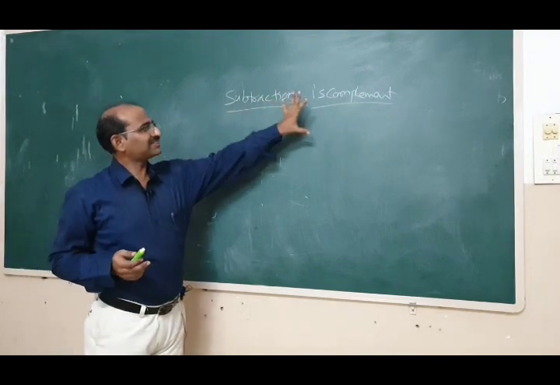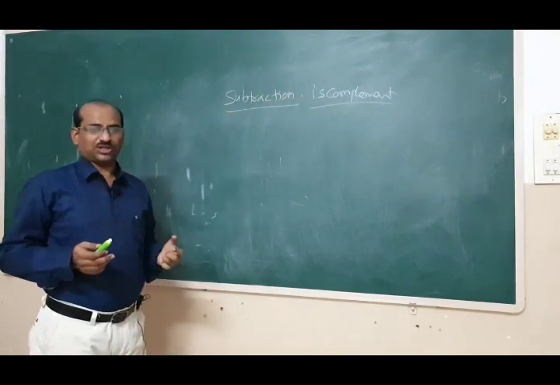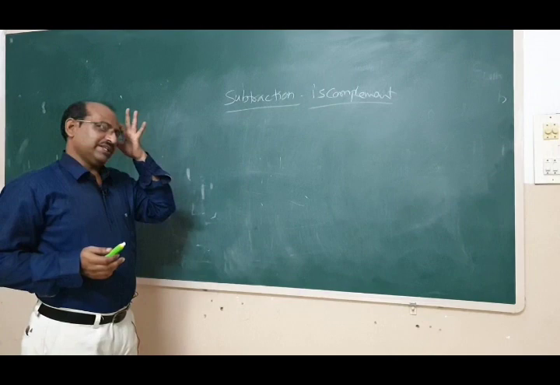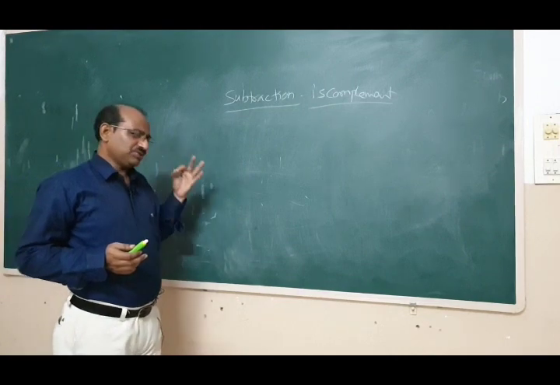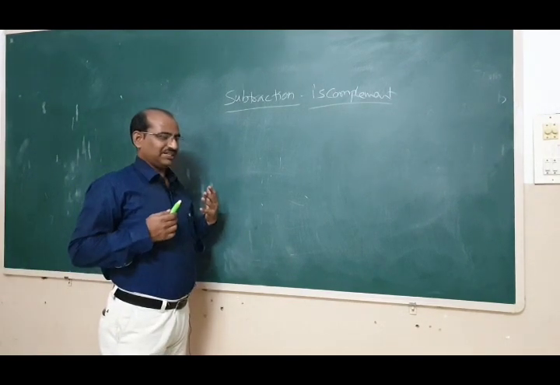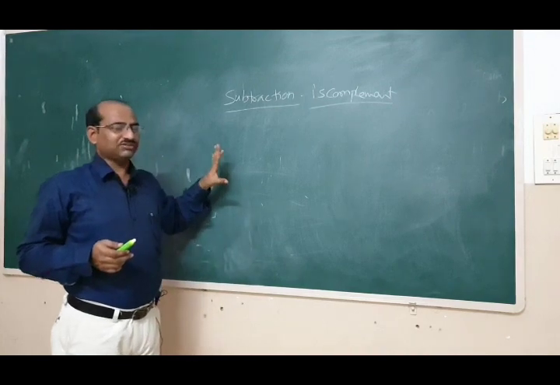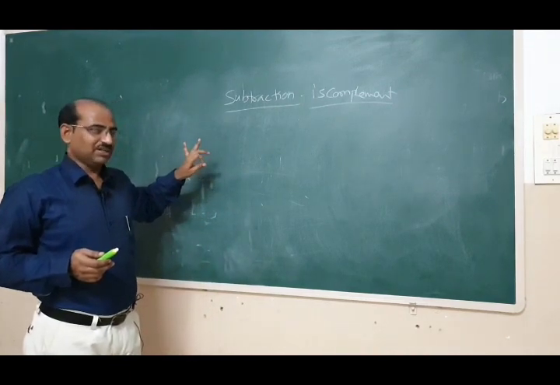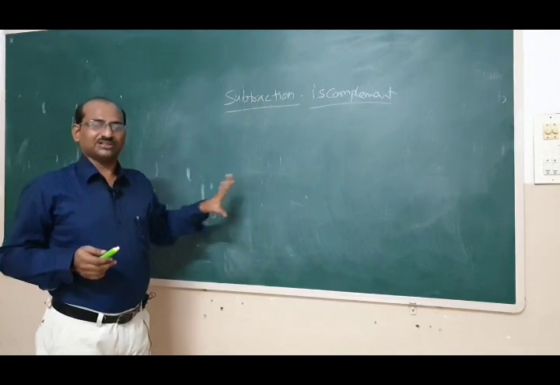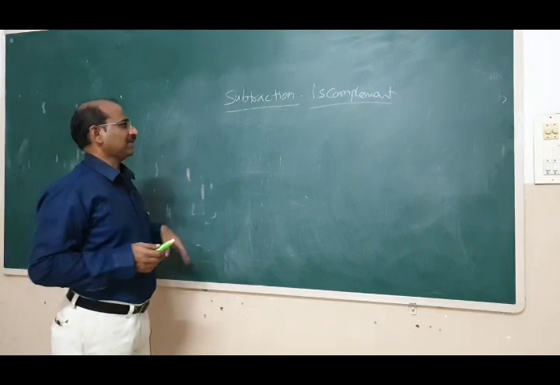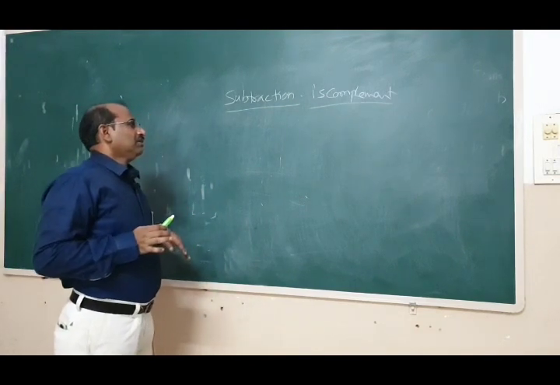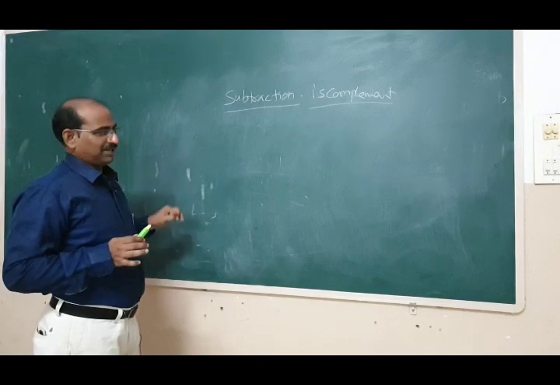So we discuss ones complement before twos complement. Okay, and then the entire 2's complement method which is used for actual circuitry we are also not going to discuss here. We will discuss the mathematical method, that's all, right? Keep it in mind. Now take one decimal number.